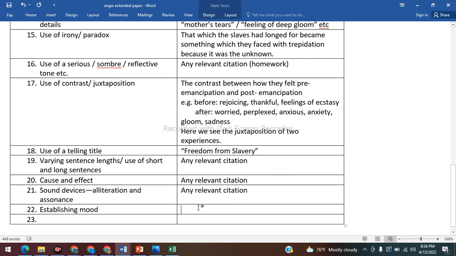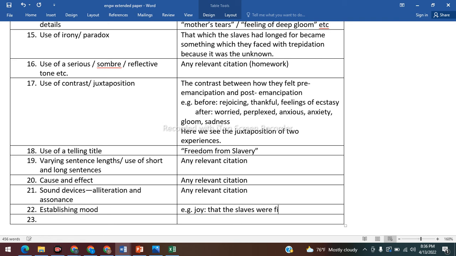So the writer is definitely trying to establish mood. What sort of mood could we feel from this passage? Joy. Okay, joy for what? Sadness as well. Joy that the slaves were free, finally.